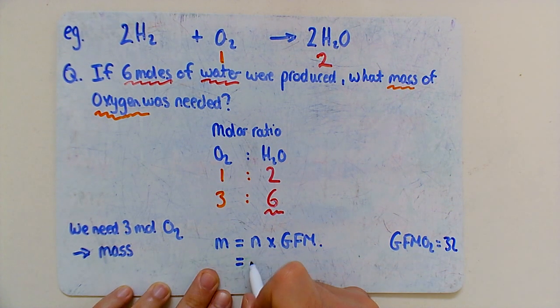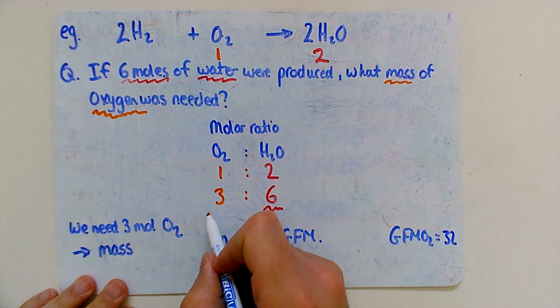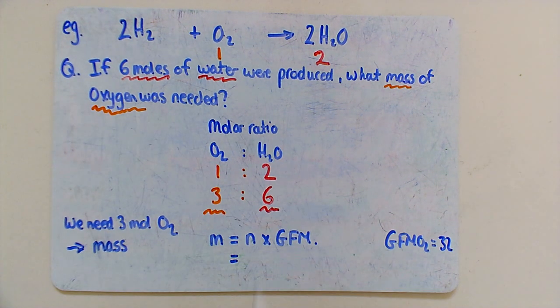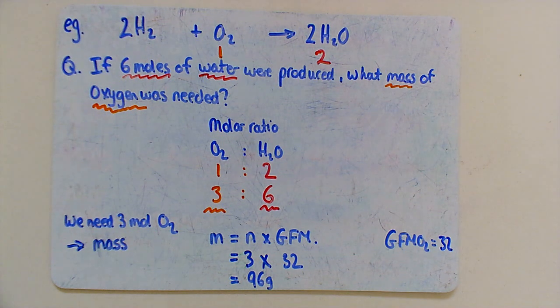So our mass is going to be 3 multiplied by 32, which is 96 grams. So 96 grams.